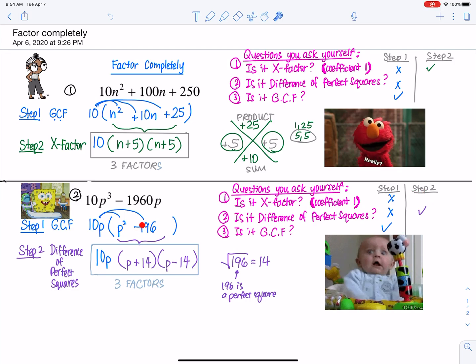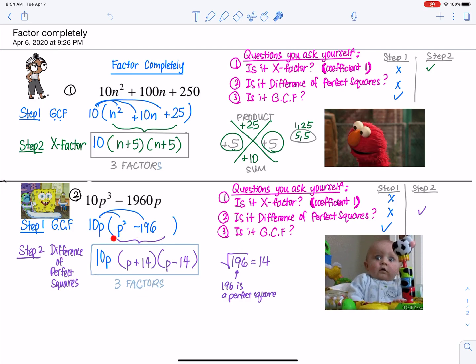Next, is it a difference? Yes. And is each term a perfect square? Yes. So you set up the 2 sets of parentheses. What perfectly the same multiplied to give you p squared, and that's p. What perfectly the same multiplied to give you 196? Well, let's say you didn't know that mentally.